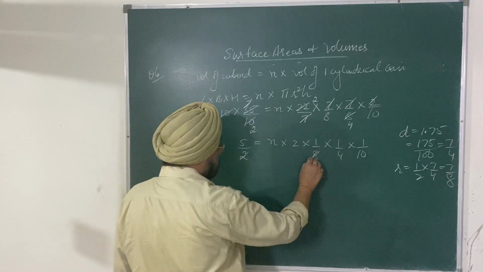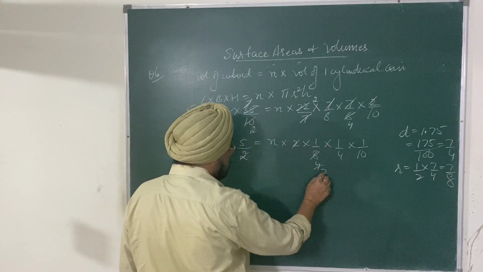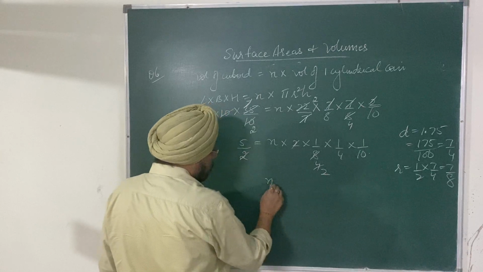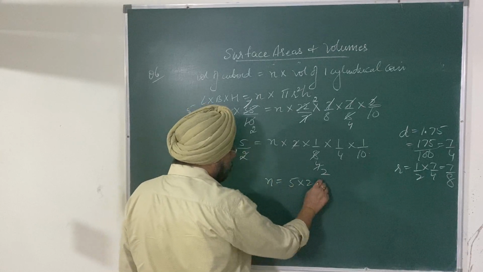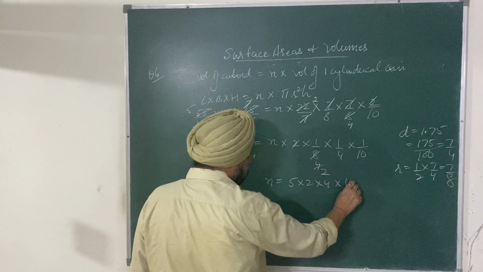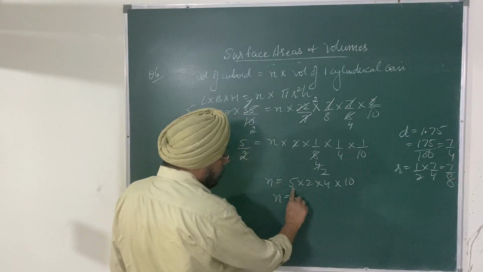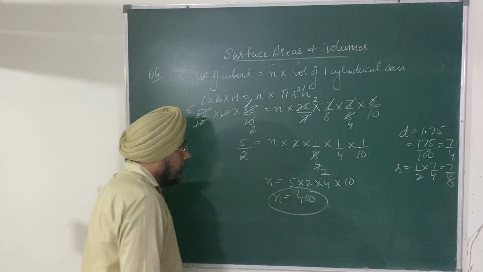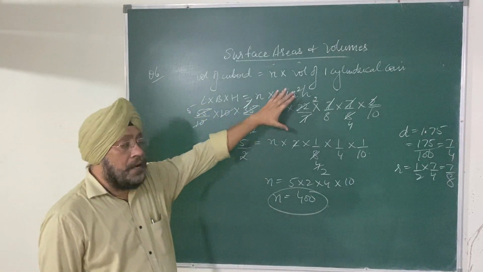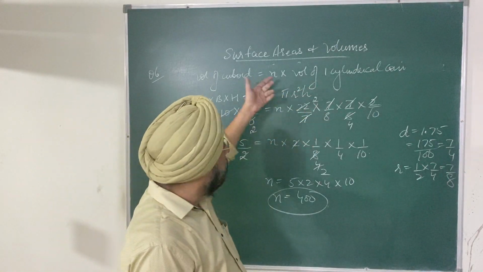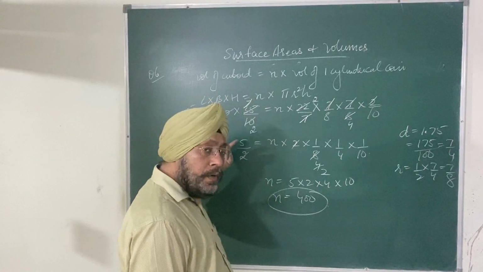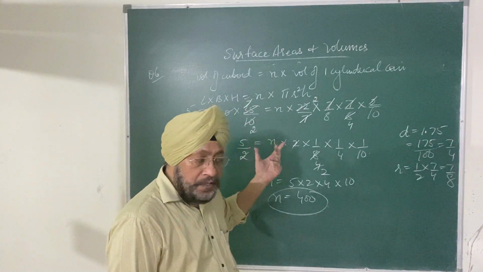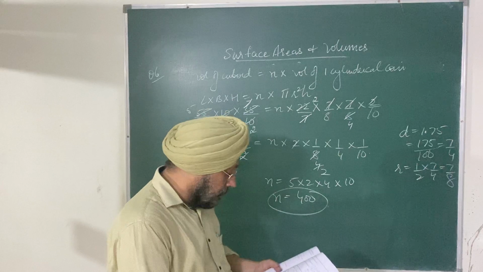So this is cancelled with this, and this is cancelled with this. So when we cross multiply, we get 5 into 2 into 4 into 10. So n must be equal to 400. It means 400 cylindrical coins can be obtained from a cuboid of these dimensions. So this is sum number 6.